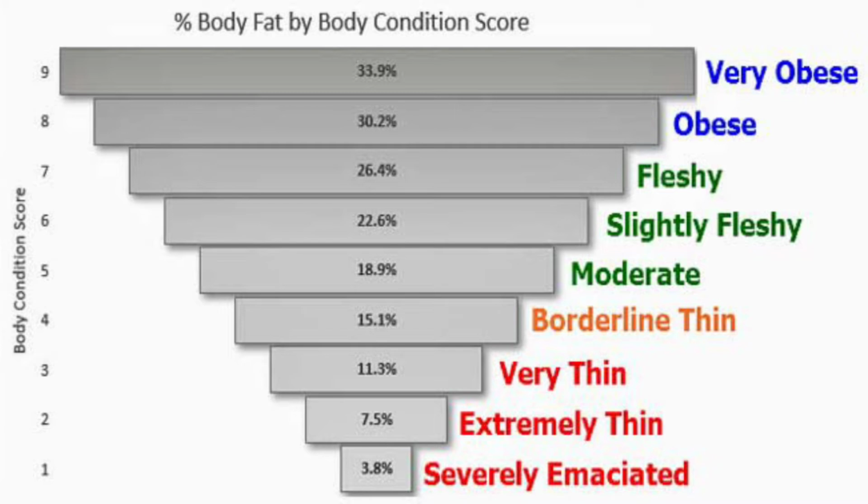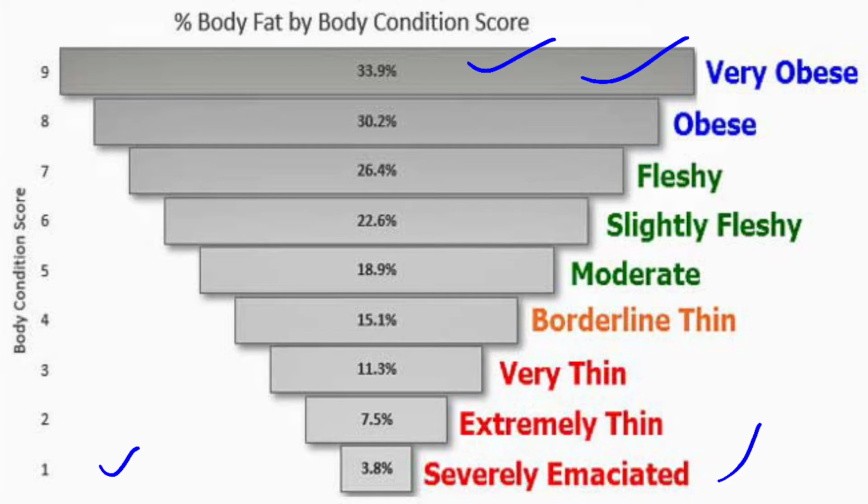The body condition score is determined by the percentage of body fat. For example, if the body condition score is 1, the cow is severely emaciated or thin, and the score will be 9 when the cow is very obese. This is mostly found in beef cattle.